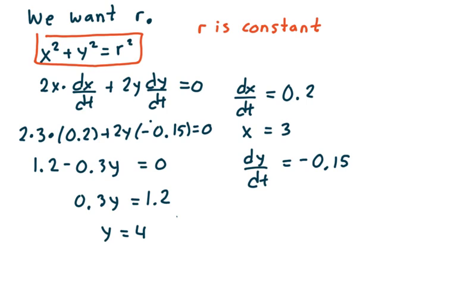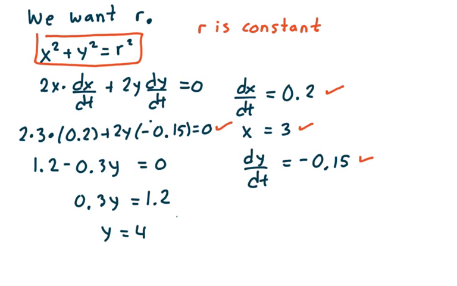But we know that dx/dt is 0.2, x is equal to 3, and dy/dt is negative 0.15. So I plug all that in. I'm going to take 2 times 3 times 0.2 plus 2y, we don't know what y is yet, times negative 0.15, and I'm going to set that equal to 0. 2 times 3 is 6. 6 times 0.2 is 1.2.